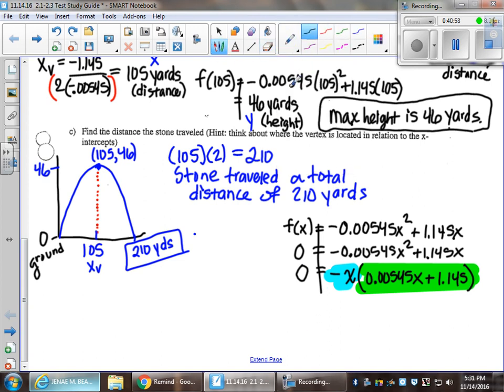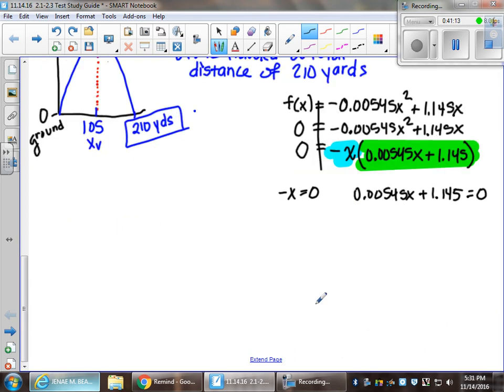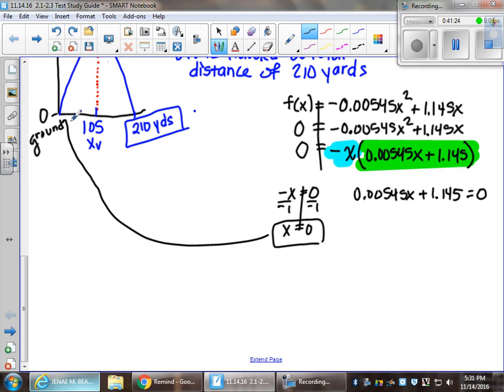What that will look like, our two little equations will be negative x equals 0 and 0.00545x plus 1.145 equals 0. Solving this for 0, divide by negative 1, divide by negative 1, x equals 0, which is right there. It's at a height of 0 when it hasn't launched off the ground yet.